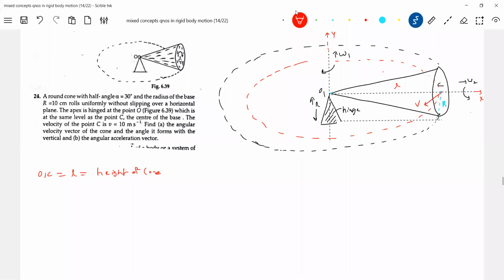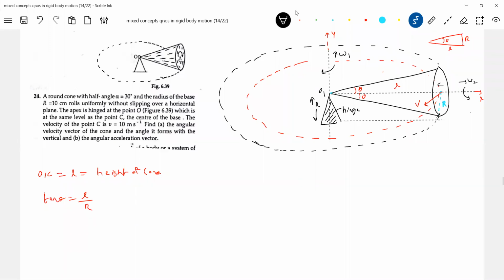From the cone, let me take the half angle theta. We have a triangle here. So what is tan theta? Tan theta will be L by R. Let's get into this one. What is V? You can write it.